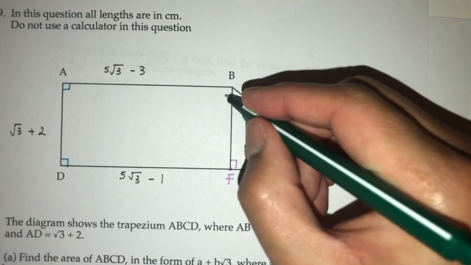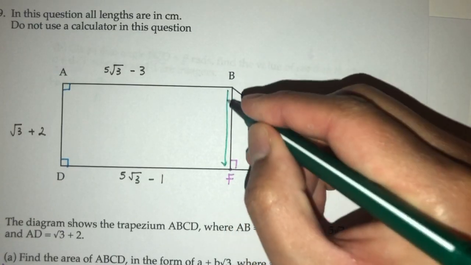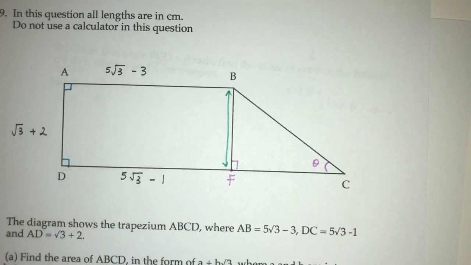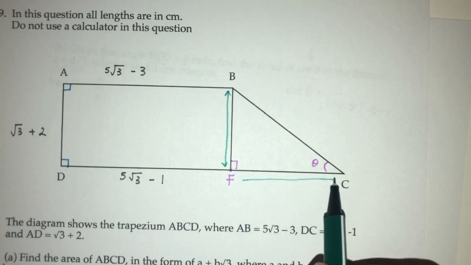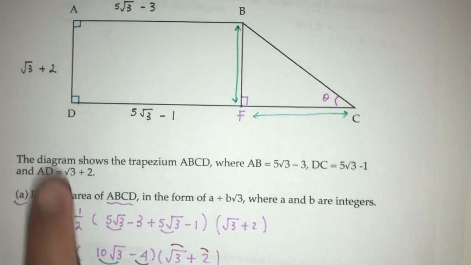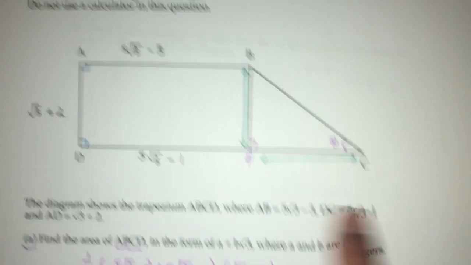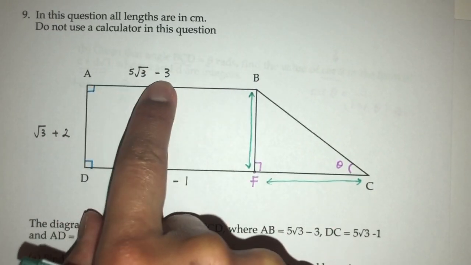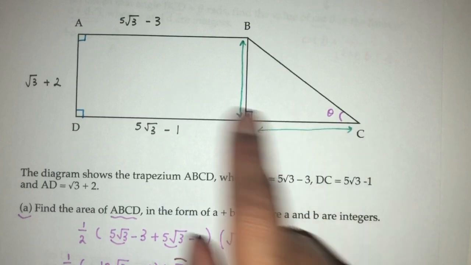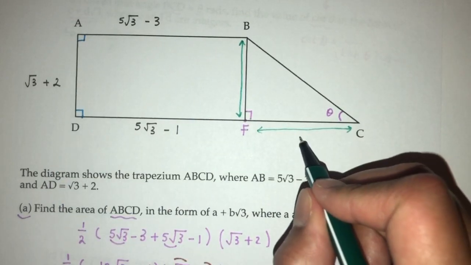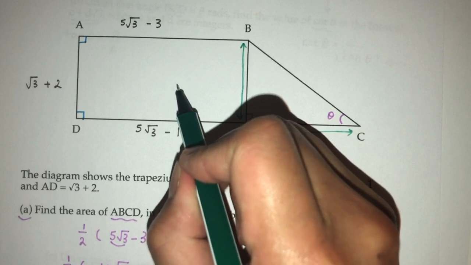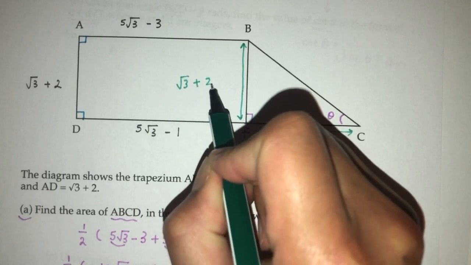Now, we know what this height is. It is the same as this. But what is this one? We also know. Why? Because we know that the length of DC is 5 root 3 minus 1 and the length of AB is 5 root 3 minus 3. So this is the difference between those two. It has to be the value of 2. This is 2. This is root 3 plus 2.